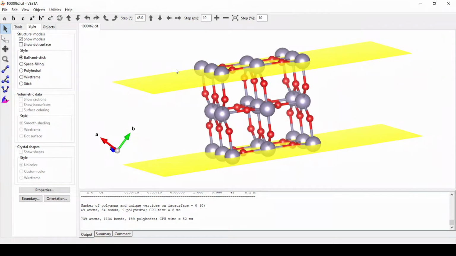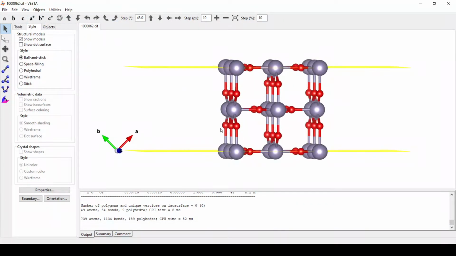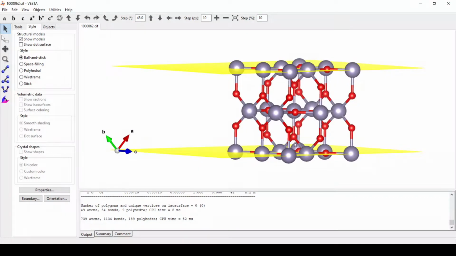Now, in this particular structure, we will consider this atom to be origin, this to be A direction, this to be B direction, and the atom above here having periodicity to be at the C direction or C coordinate. So for this, we'll select this particular atom.